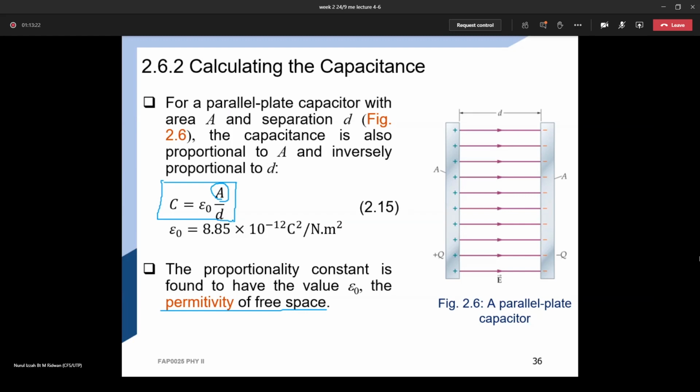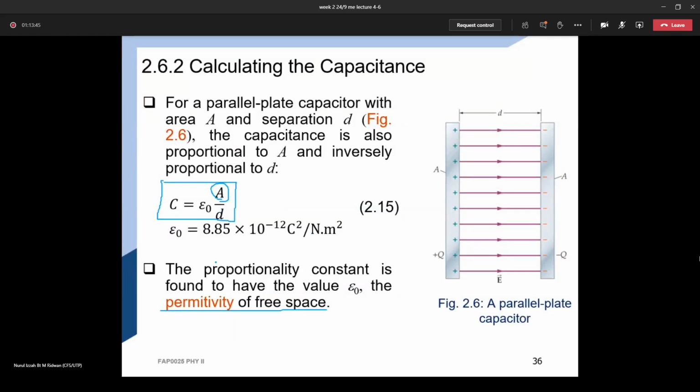To increase the capacitance, you may make the area bigger or make the separation smaller, because the capacitance is directly proportional to the area and inversely proportional to the distance.